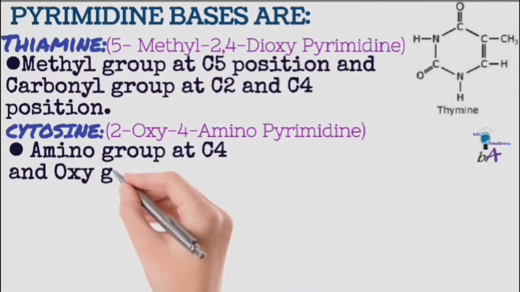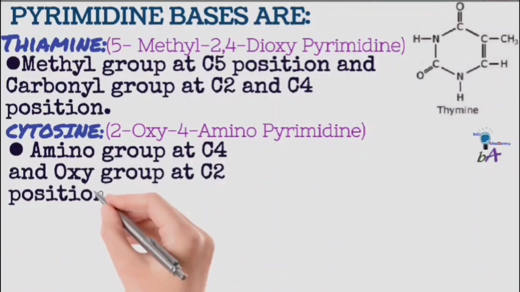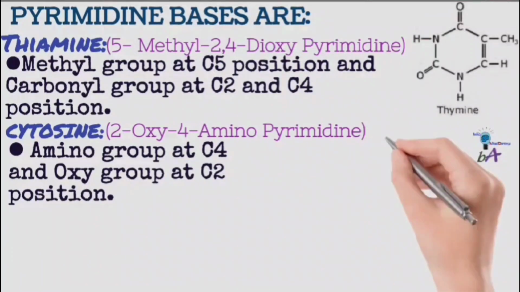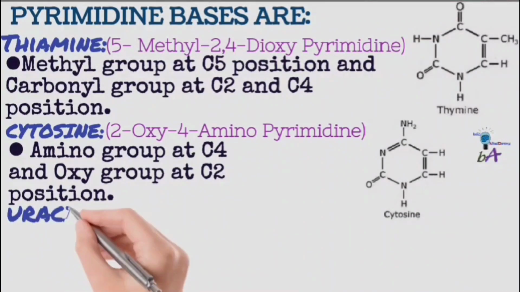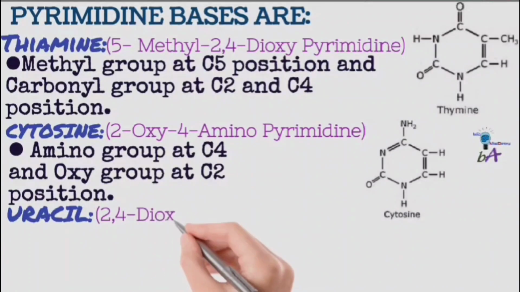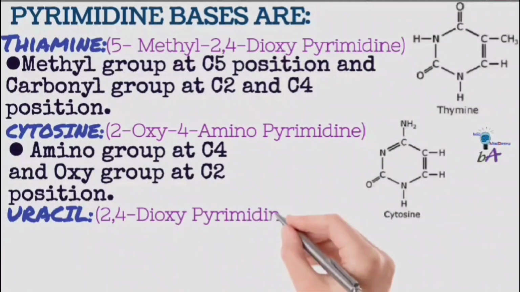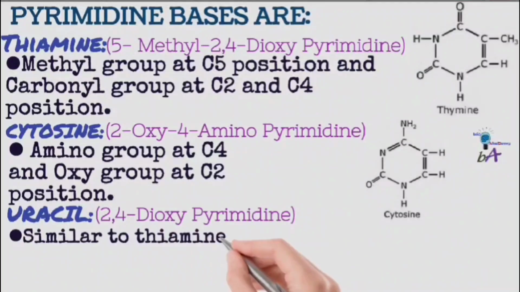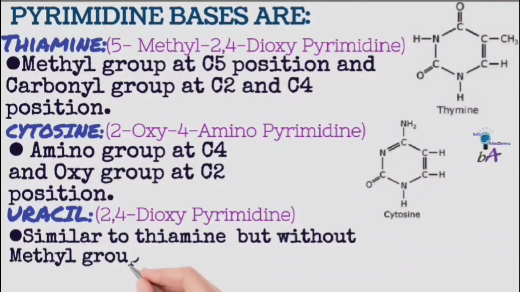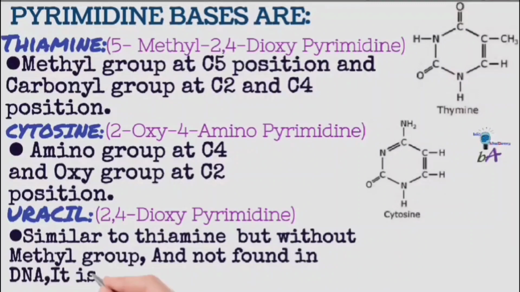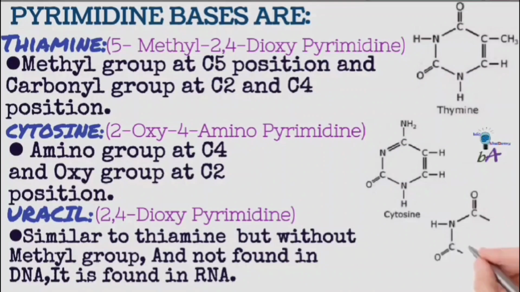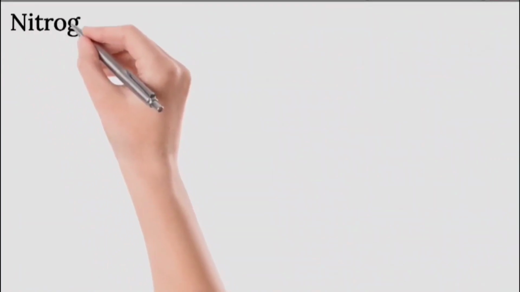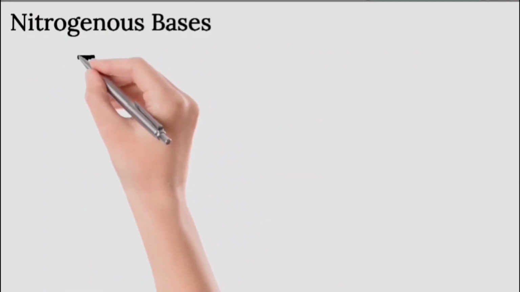Its chemical name is 2-oxy-4-aminopyrimidine, indicating the carbonyl group at the C2 position and the amino group at the C4 position. Next is uracil. Its chemical name is 2,4-dioxypyrimidine, which is similar to thymine except for the methyl group at the C5 position of thymine. You can compare both structures and the exception. You can understand the whole in a simple way.